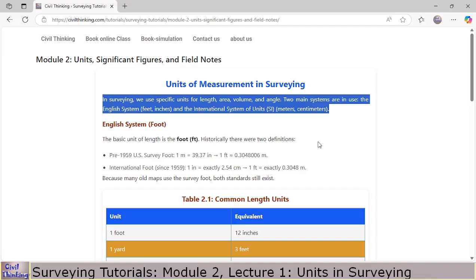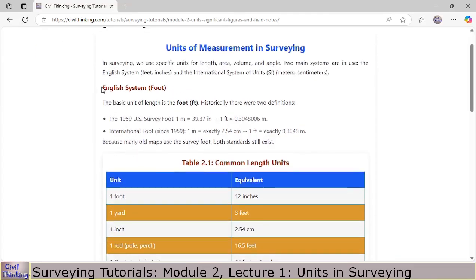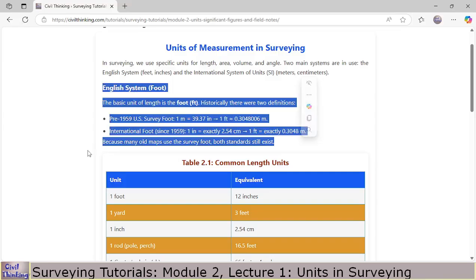Now let us see the English system, the first system. In the English system the basic unit of length is the foot. Historically the foot had two definitions.